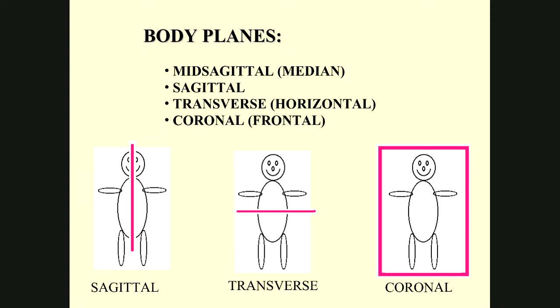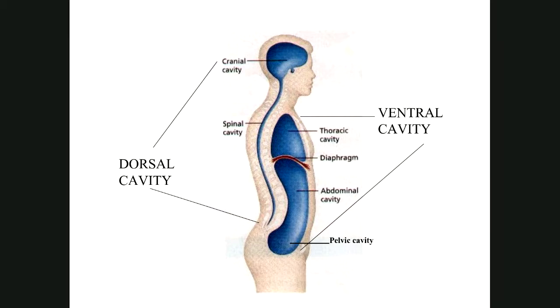Then we get to the cavities in your body. Now, your body is hollow, and the organs live in those hollow spaces. You have a ventral cavity. That's the largest one in your body, and that's that blue area in there, and it's broken up into three parts.